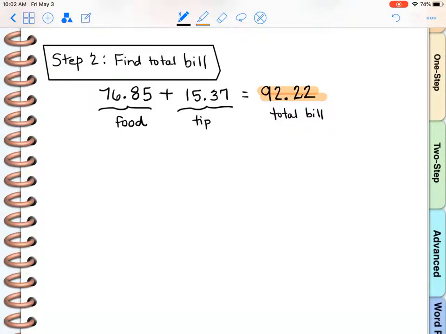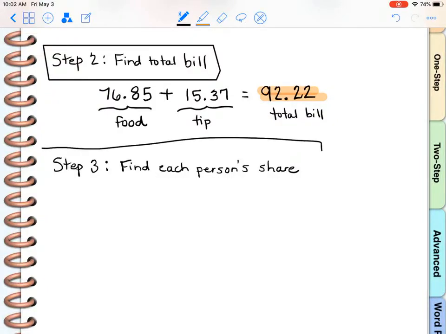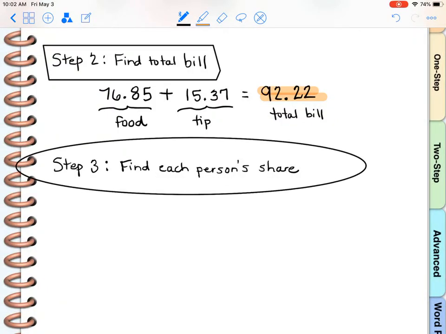So step 3, let's think about this one. We know the total. We need to find each person's share. So they're going to take this very large bill and they're going to split it up.